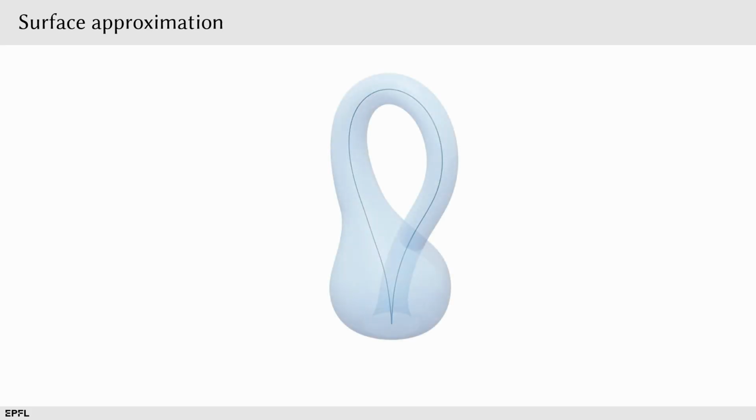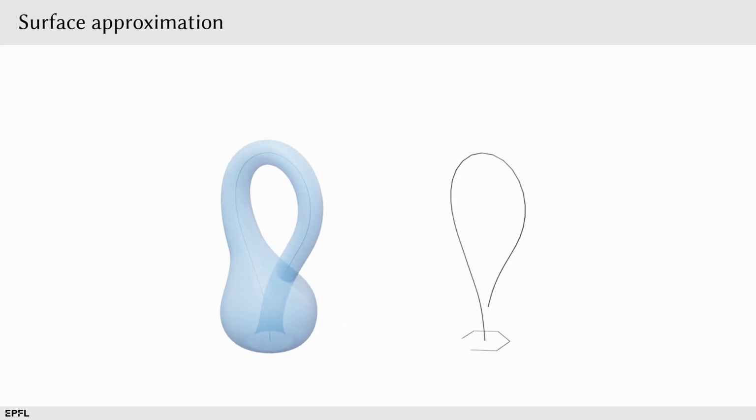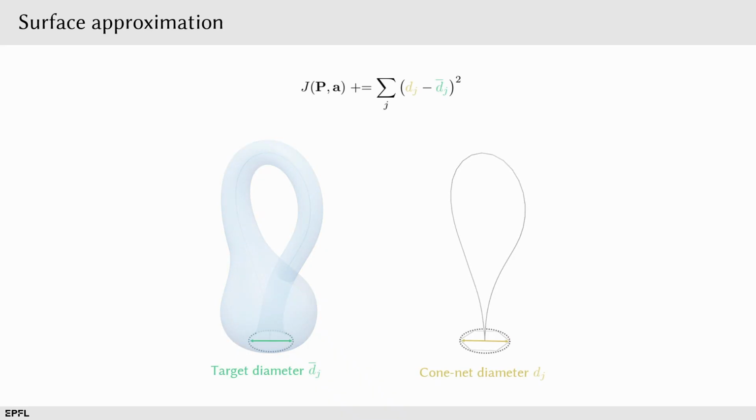Another thing that coordinates can do is approximate surfaces with variable width. So if you consider this smooth surface, having the shape of a Klein bottle, we take that as reference. We can then measure its cross-sectional diameter, d bar, and we prescribe it as target for our coordinate that we want to optimize.